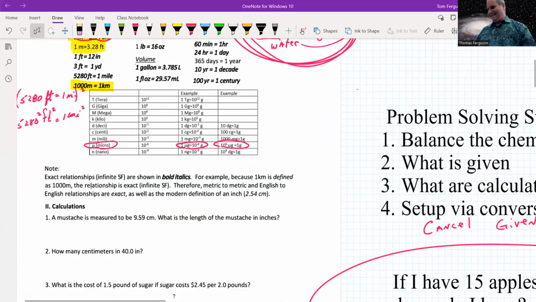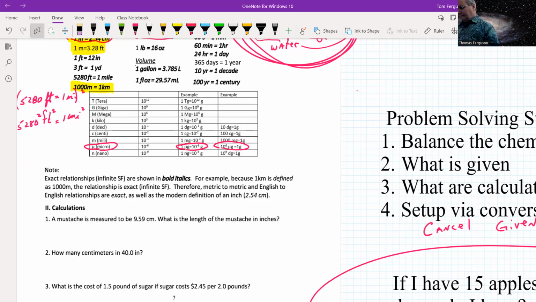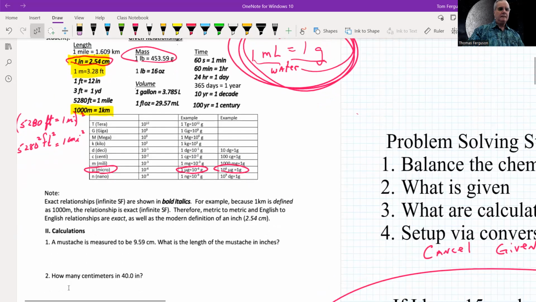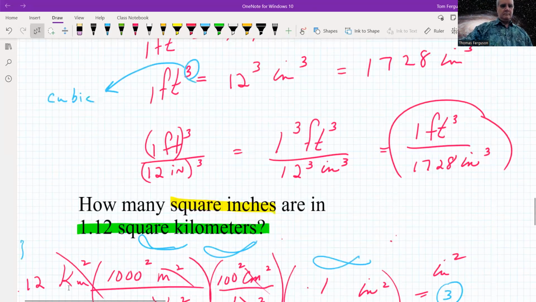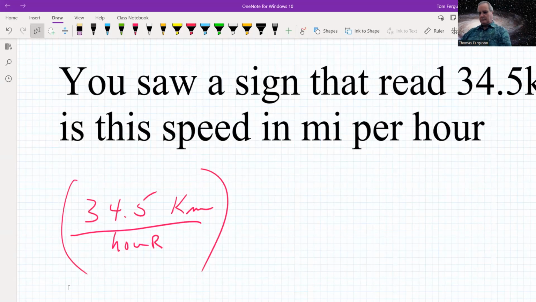Okay, so we need to write these down. Let's move the kilometers to meters.